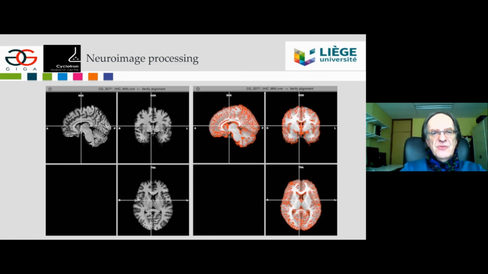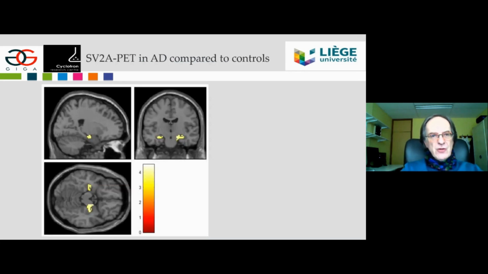And with that possibility, you've got a wide amount of 3D images of the measured distribution of your tracer in a population of controls compared to a population of patients. Then you can make statistical analysis, and by doing so, on an MRI template, you can see that for Alzheimer's, compared to control, the decrease of activity was perfectly in the hippocampus.